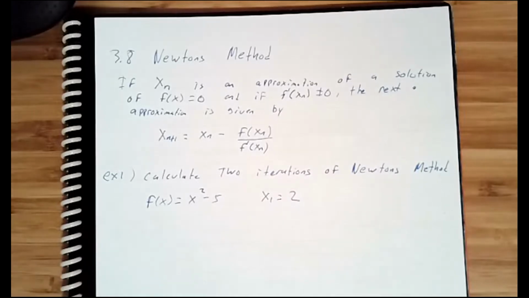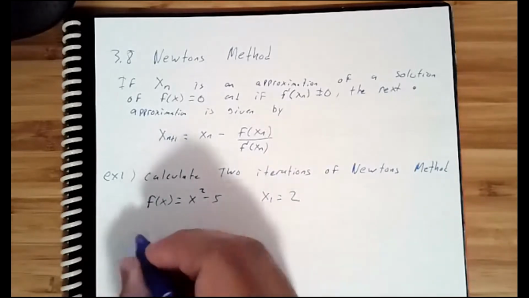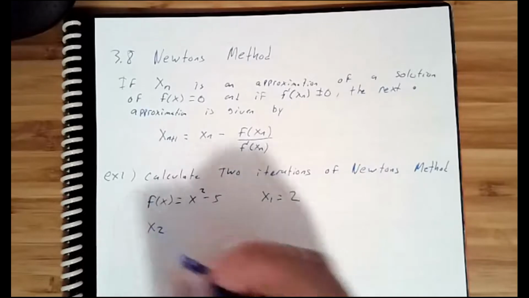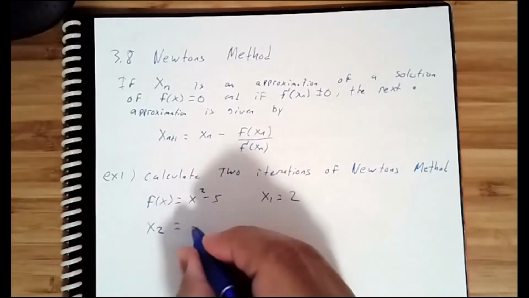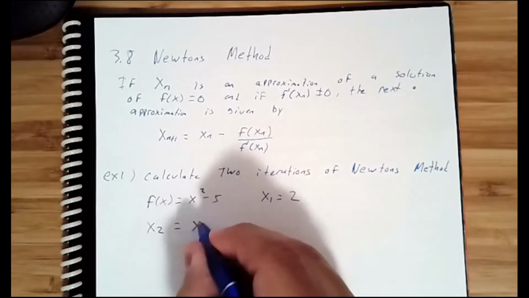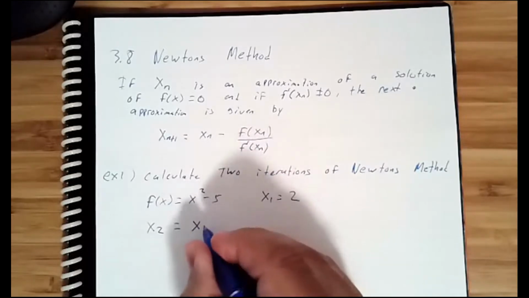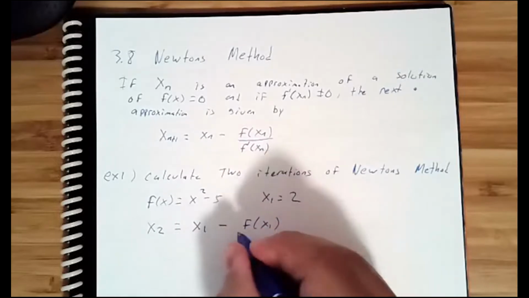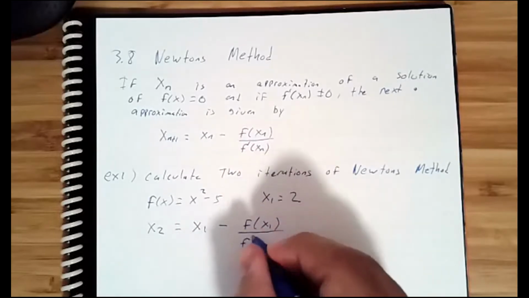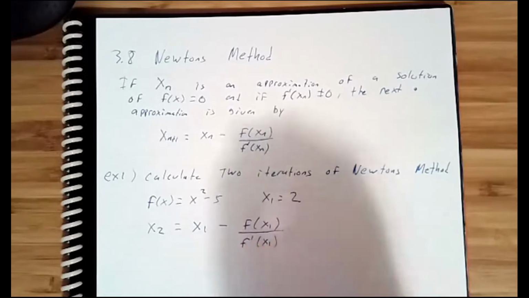So the x1 is the first iteration. So the formula basically is saying, well, give me x2, right? That's the next one. So that would mean that I would have to use the previous term, x1 minus f of x1 over the derivative at x1.